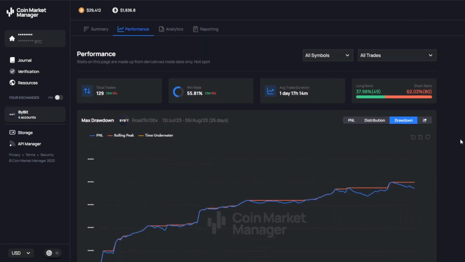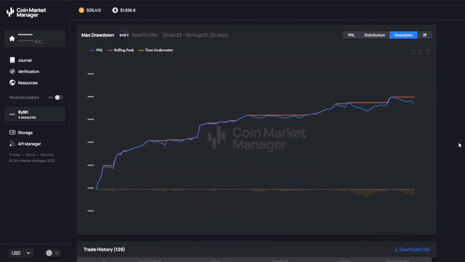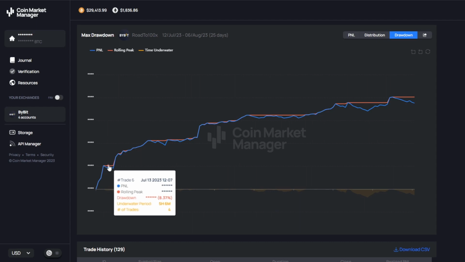Then a really interesting tab I really am enjoying. I did play a lot of poker casually in the past, and I think poker players are often really into these kinds of graphs. So what this shows is basically, the red line, the rolling peak, is my max balance for the account.